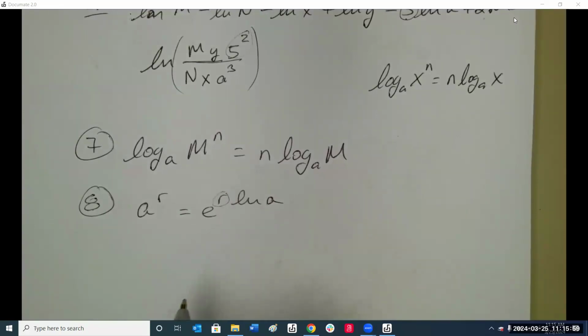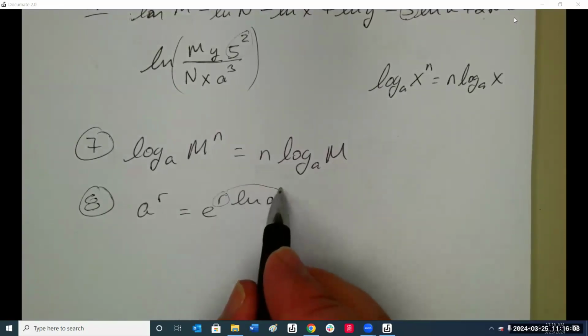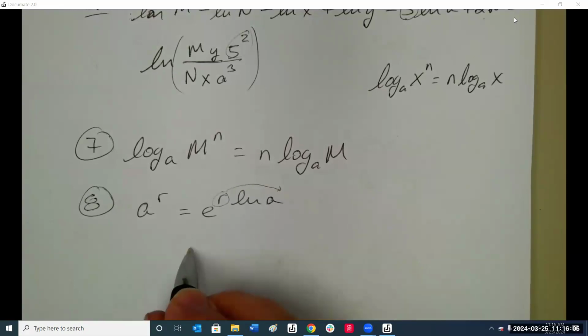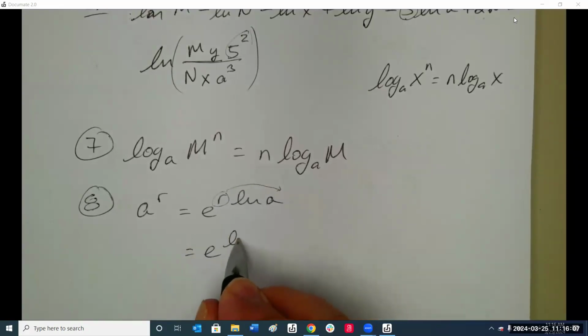R is a coefficient. Where does the coefficient go? On top of the a. So we have e ln a to the r.